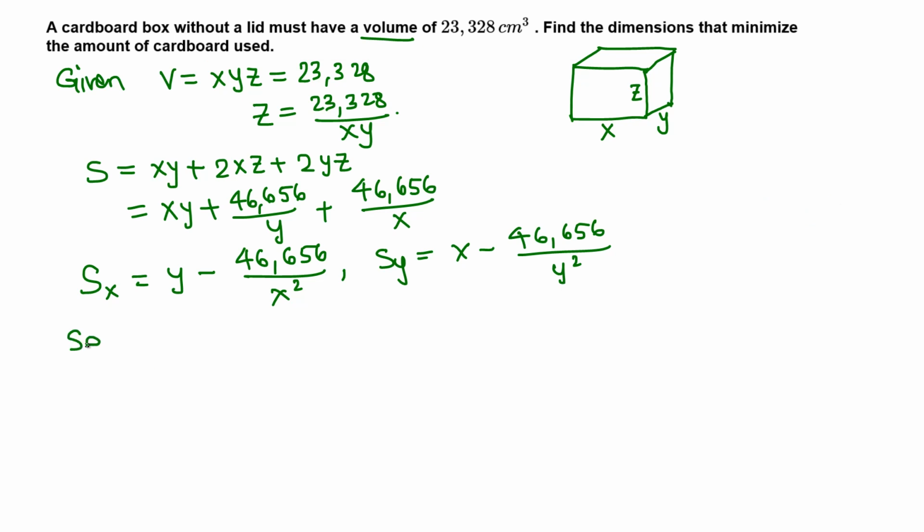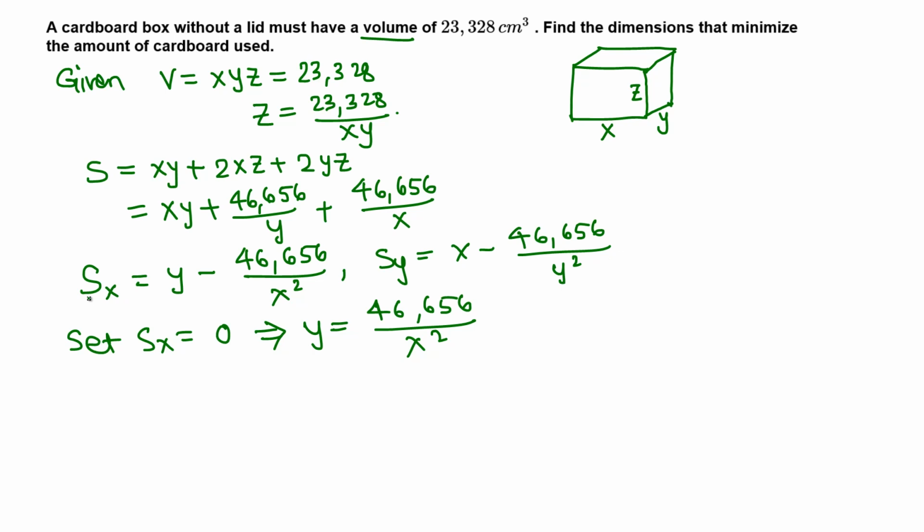Now we set the partial derivatives equal to 0 to find the critical points. So let's set x as x0. That means this equals 0. So y is equal to 46,656 over x squared. So we are basically trying to find the critical points, setting x0 and y0 and finding the values of x and y.